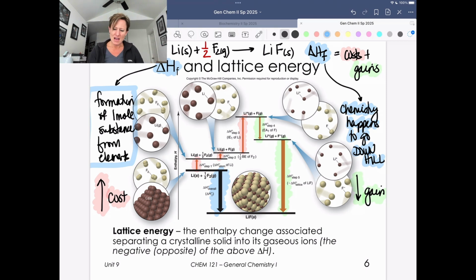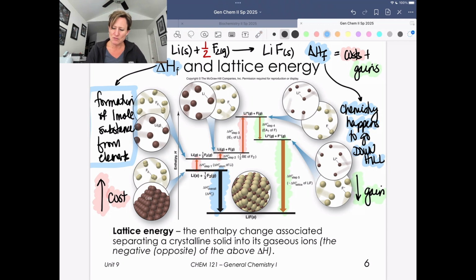That means the net sum of all of them is going to be an arrow that goes downhill. Okay, we're going to expand on this again in a learning unit later in the semester when we think more about a process called thermodynamics, which is a way of thinking about the energetics of chemical processes. But we're introducing it now with this concept of lattice energy.